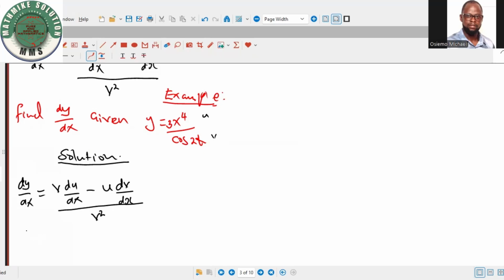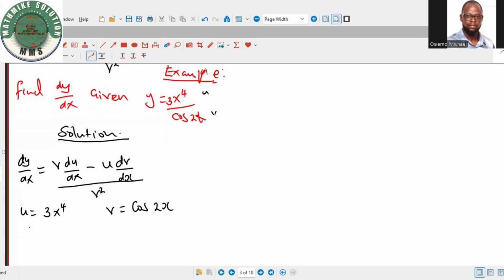So from our question, we can let our u be equal to the numerator, which is 3x power 4, and our v be equal to cos 2x. So therefore, what will be the du dx? Using still the standard table, you take the power, multiply by the coefficient, so it will be 4 times 3, which is 12.